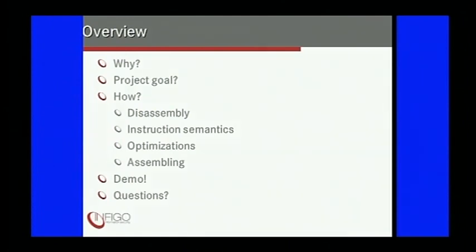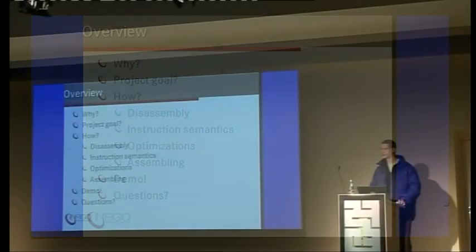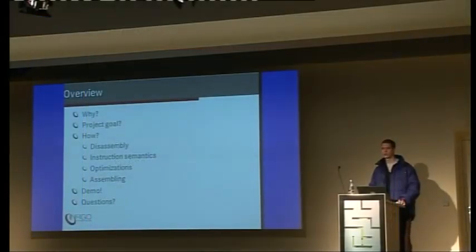Next, I'll discuss how things are done, especially disassembly, instruction semantics, optimization algorithms, and at the end, assembling. And I'll finish with a demonstration of the developed open source plugin. This is released and is already online, so you can try it, report bugs, and give your opinion.